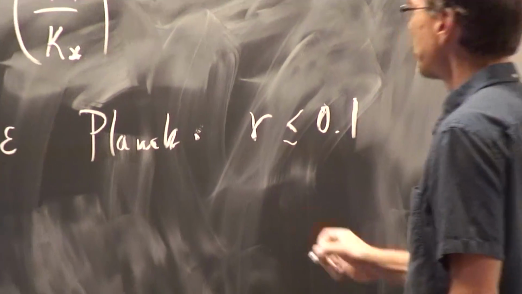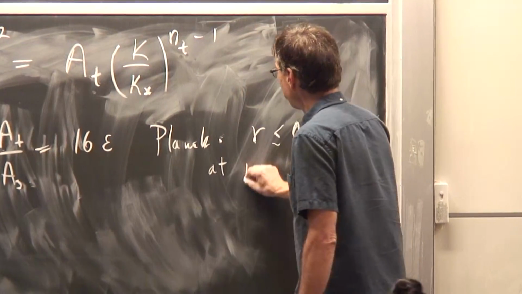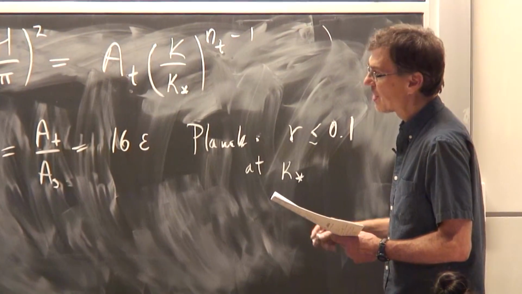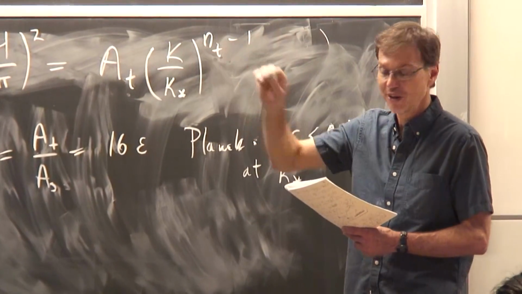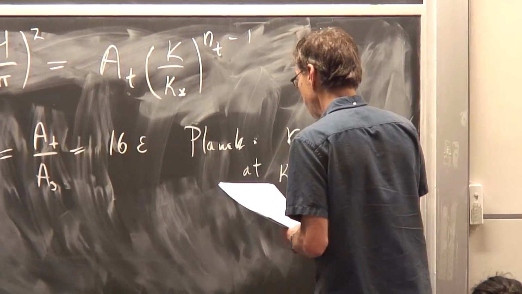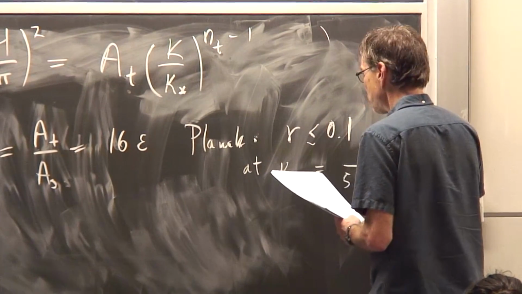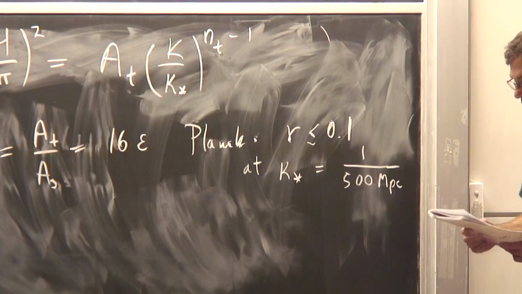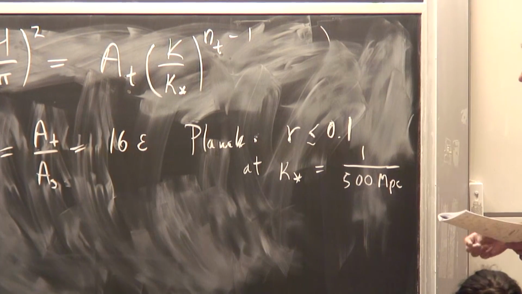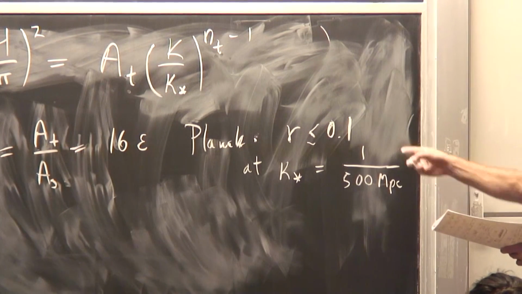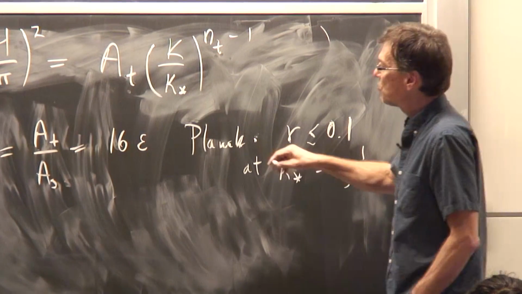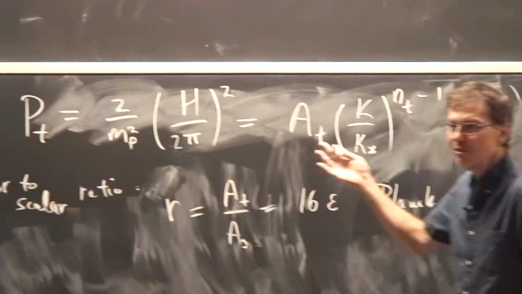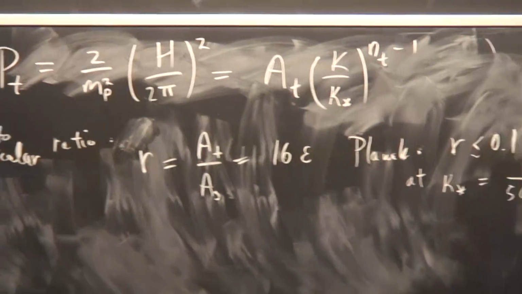But for some reason, they choose a different reference scale for the tensors. I guess the reason they do that is because it's sitting down there at lower wave numbers. So they use 1 over 500 megaparsecs to normalize that. Now, this has a very interesting consequence because of the fact that it doesn't depend on the shape of the potential, but only on the magnitude. So H squared only cares about the actual magnitude of the potential.